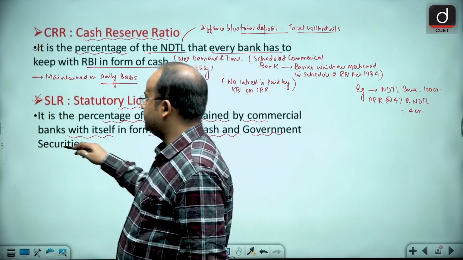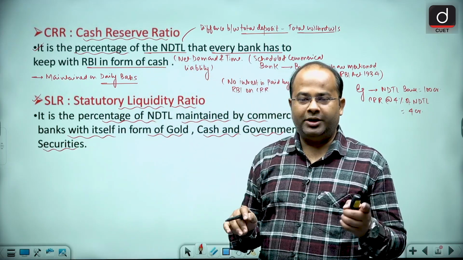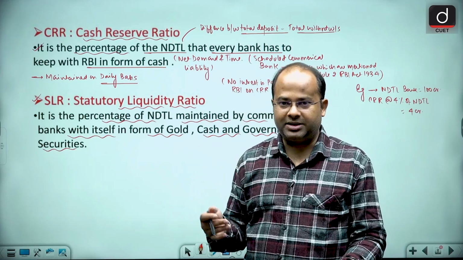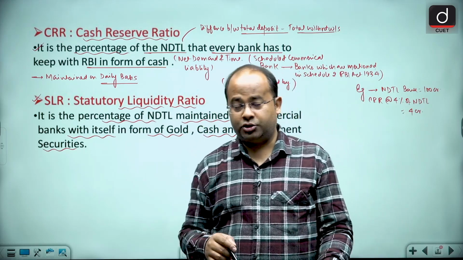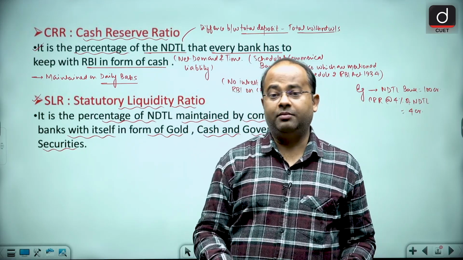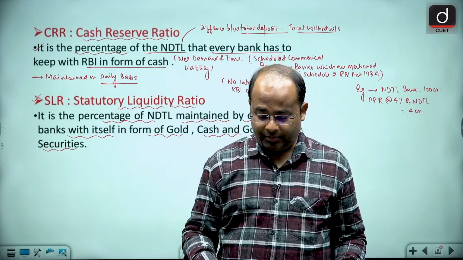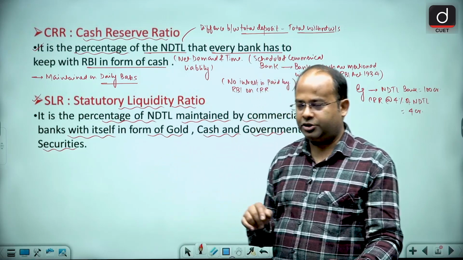SLR is maintained by banks with themselves, and SLR cannot exceed 40%. So there cannot be more than 40% SLR deposited by scheduled commercial bank.